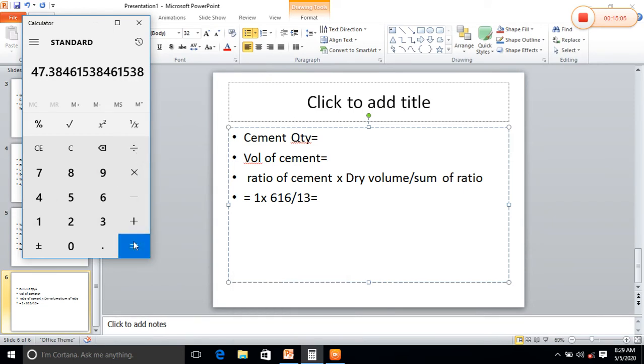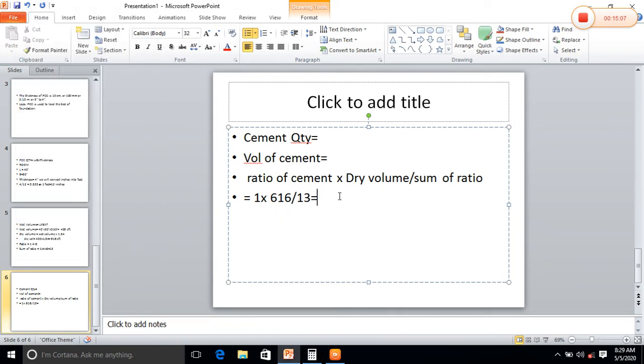15 is equal to 47.38. So we will take 47 cubic feet. So this is the volume of cement, 47 cubic feet.